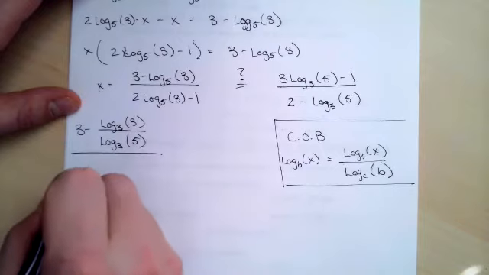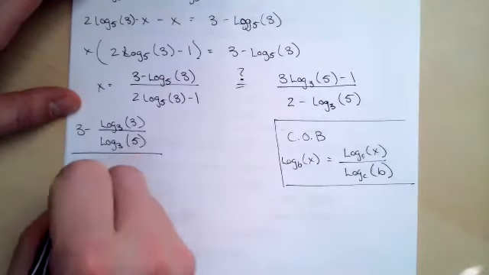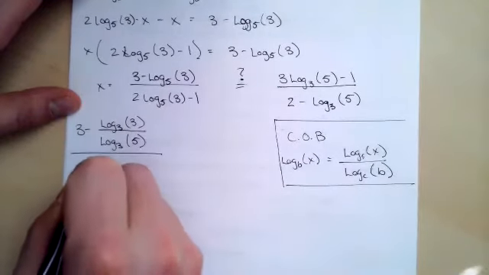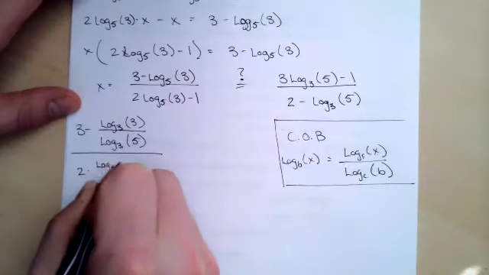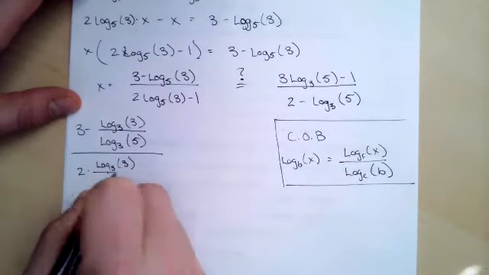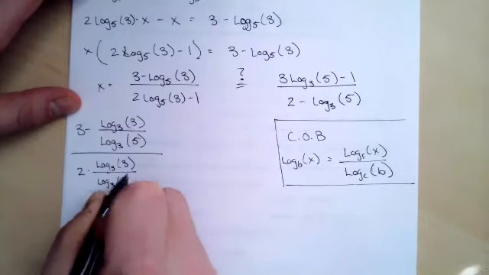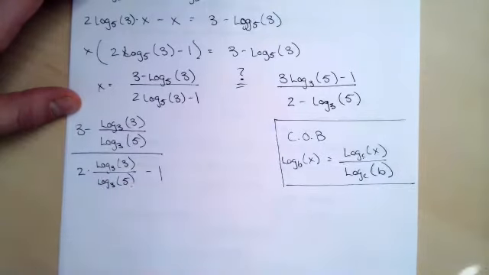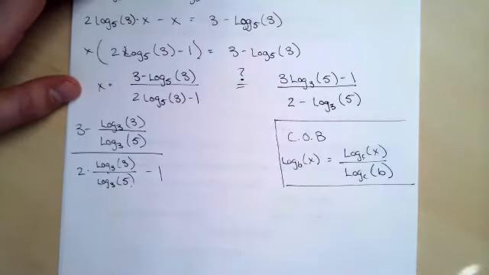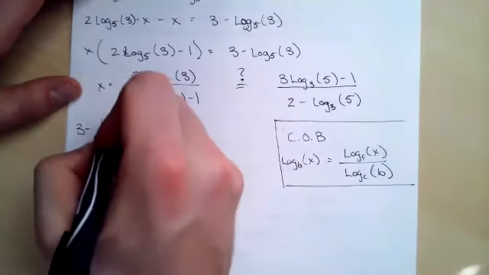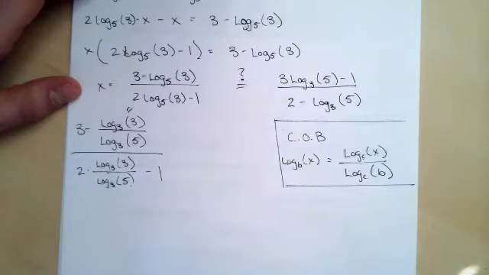We'll then divide by 2 times, again, log base 3 of 3 divided by log base 3 of 5, and then still that minus 1. An equal sign there.